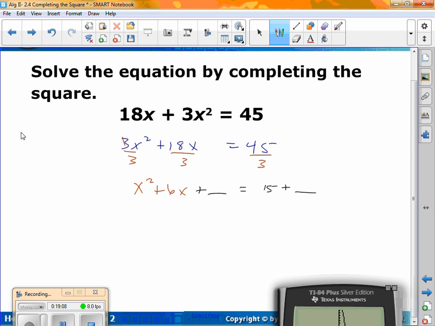What's my B value? 6 over 2 squared. Oh, it's always this. What's 6 over 2? 3 squared is 9. I know that you can look at this and automatically say what it is in your head. There's a reason why I'm putting these numbers. This number here will go here and here.